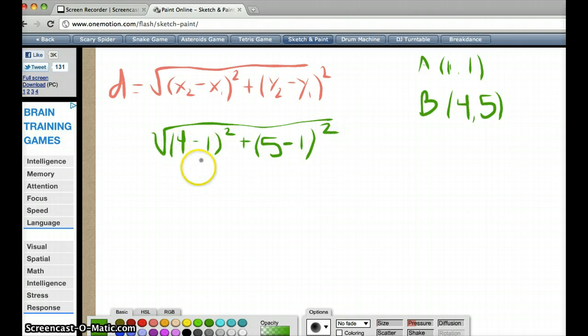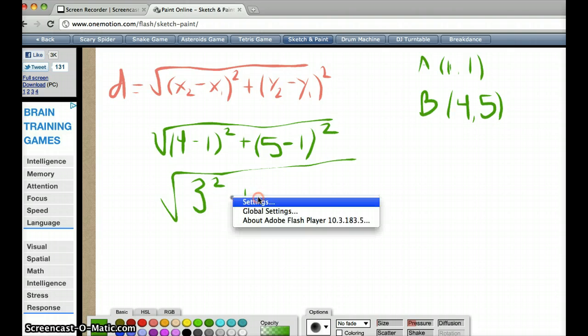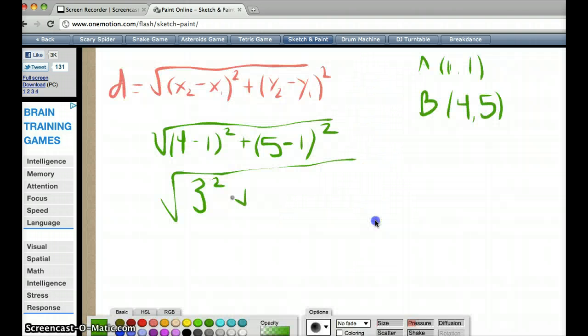So 4 minus 1 is 3. So 3, got to keep our square root. So 3 squared plus 5 minus 1, which is 4, squared. So let's go ahead and switch colors.